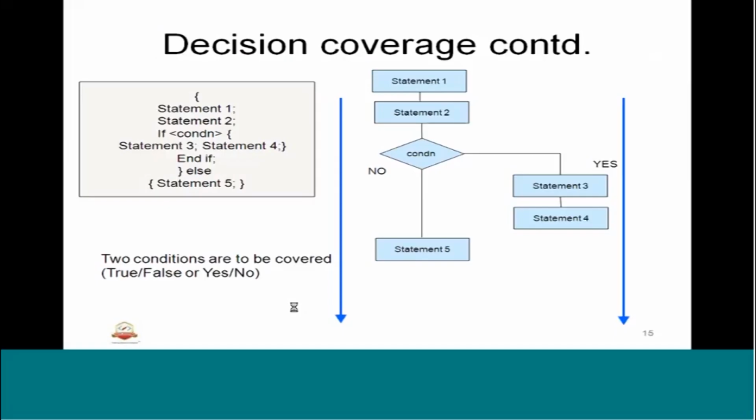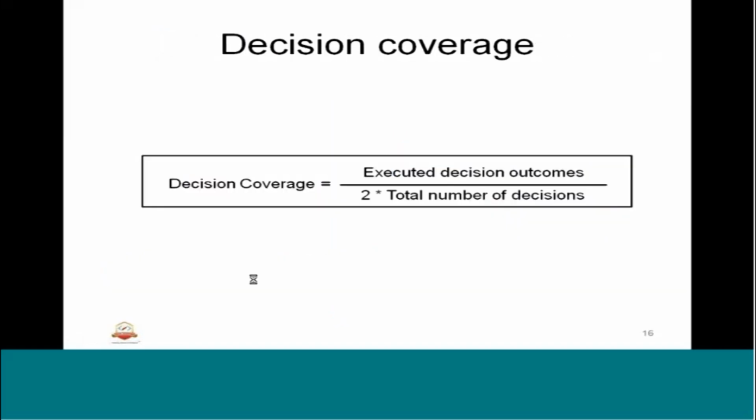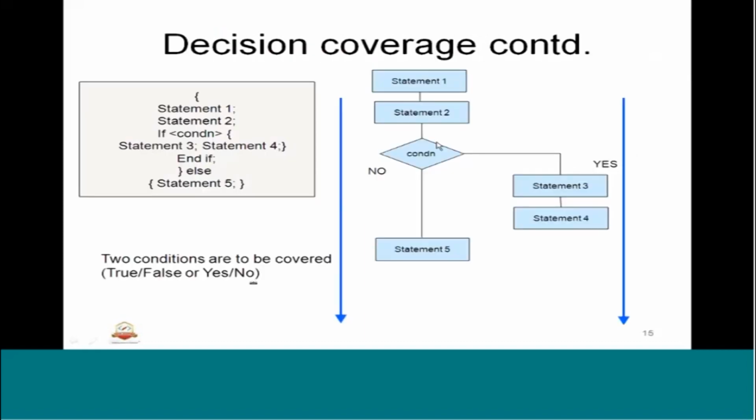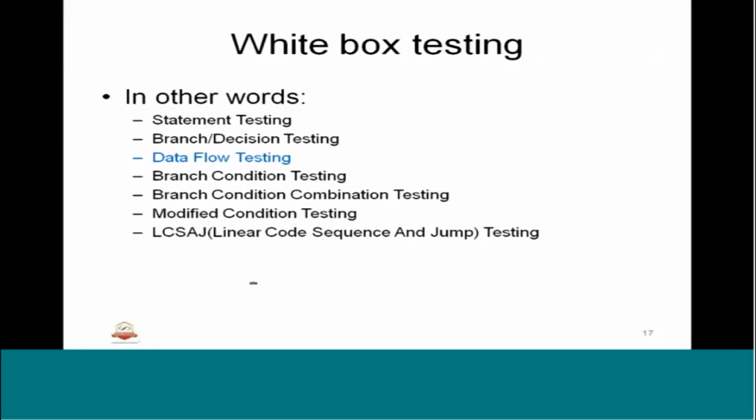So two conditions are to be covered, true and false, or yes and no. Decision coverage is calculated as a percentage of executed decision outcomes divided by the total number of decision outcomes, that is 2 in the numerator and 2 in the denominator. That will make 100% decision coverage. So that is about decision coverage.